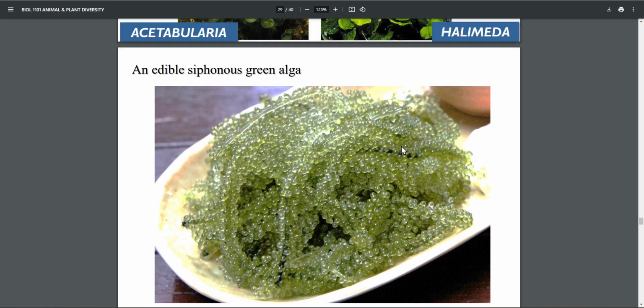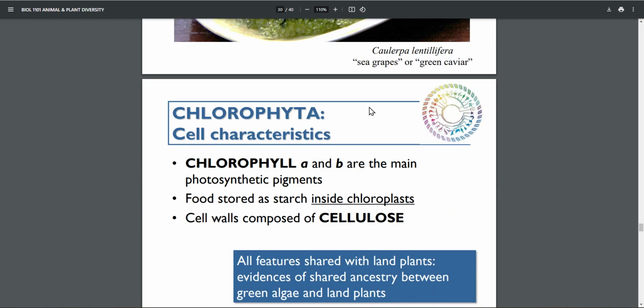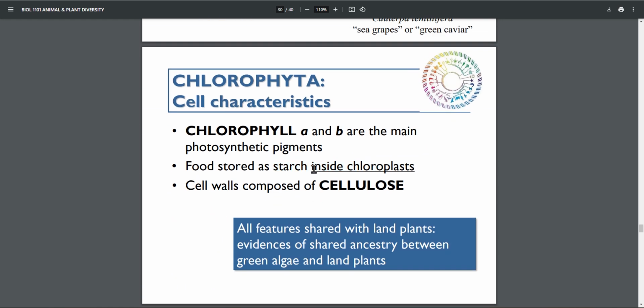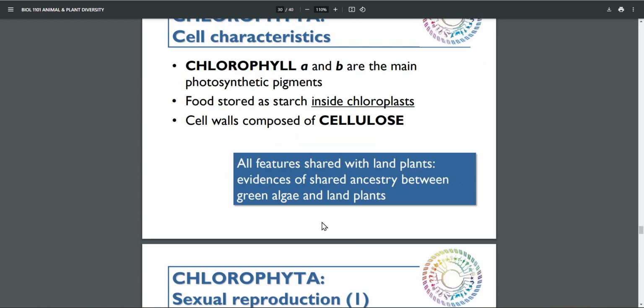Another example, sea grapes, quite famous. And then they have chlorophyll A and B as photosynthetic pigments. The food is stored as starch, not Floridian starch, not whatever the name is for the brown algae. I don't remember off the top of my head. It's stored inside the chloroplast, and the cell walls are made of cellulose.